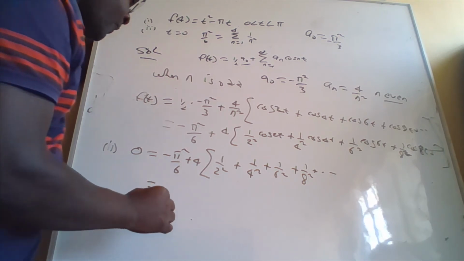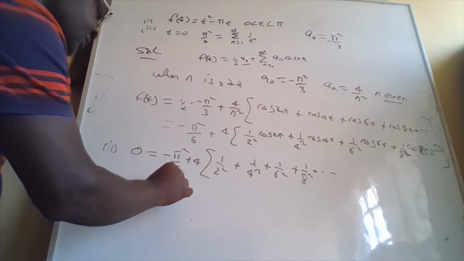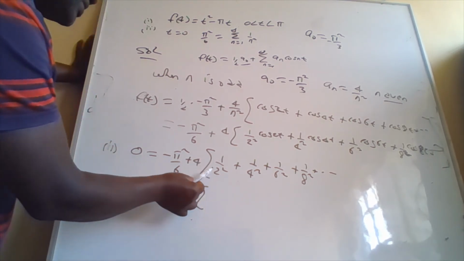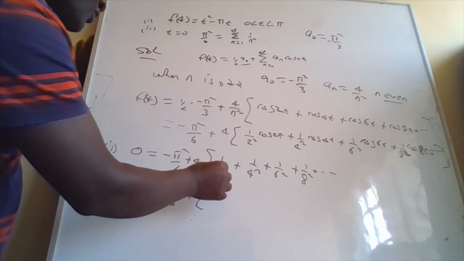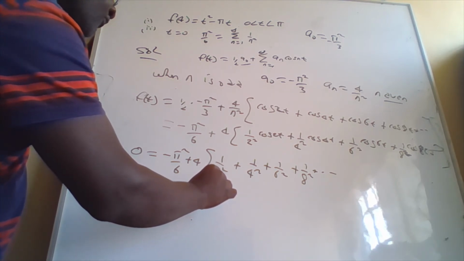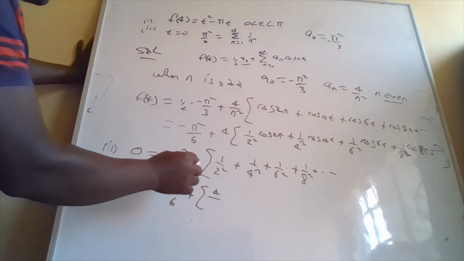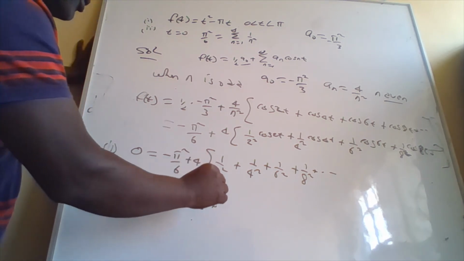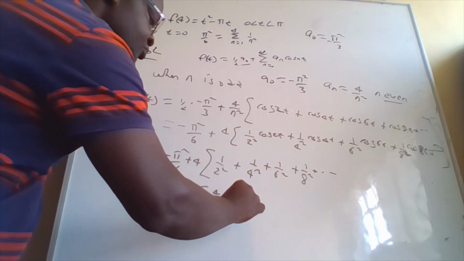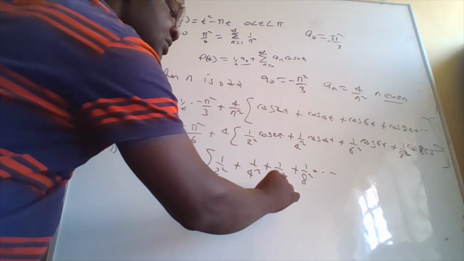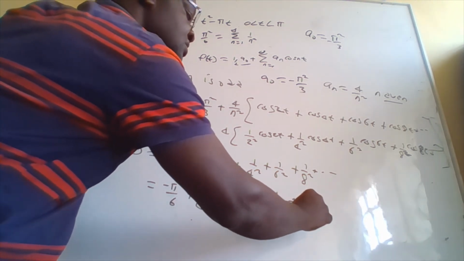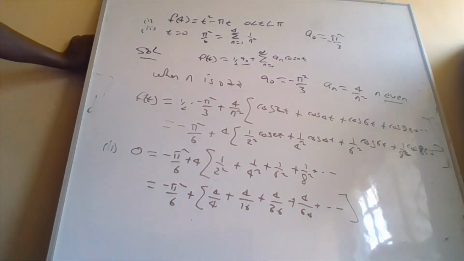So this equals negative pi squared all over 6 plus, into what is this? So we have 4 over 4 plus, we are multiplying through by 4, so we have 4 over 16 plus 4 over 36 plus 4 over 64, and then it continues like that.